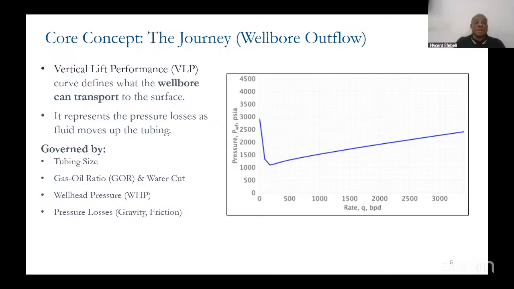Then the other parameters that determine your vertical lift performance include your gas oil ratio, right? So dissolved gas in the fluid. Some fluids don't have enough of it. So there is something we call solution gas oil ratio. That is the gas that is dissolved in the oil at reservoir condition. So as you drop the pressure, gas will be liberated.